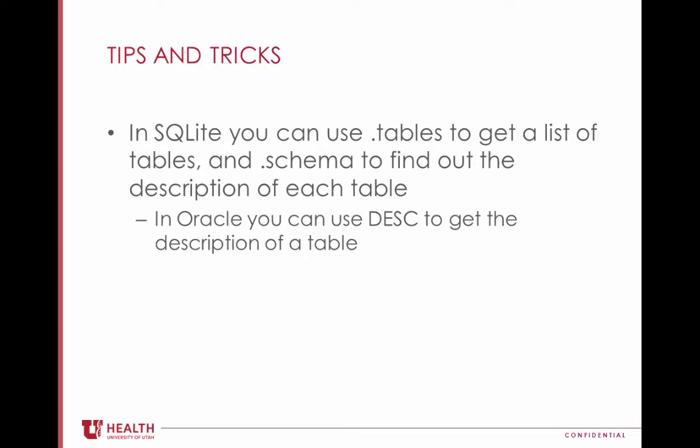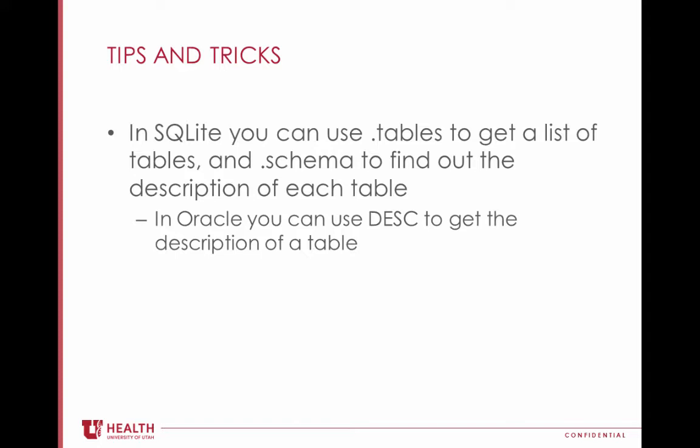This isn't totally unique to SQLite. So like in Oracle, for example, I can go in once I get the list of tables. So there's a system table called user tables that I can get a list of the tables from. And then I can use a command that's DESC to have Oracle give me back the table description, the columns and data types and so forth.